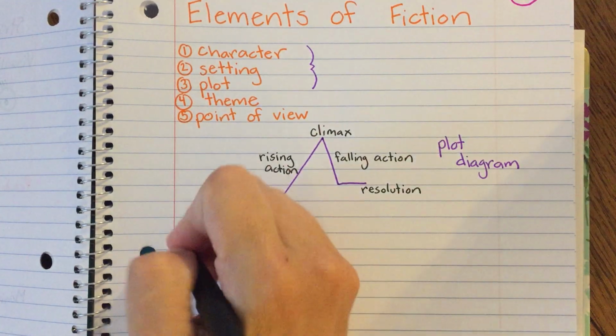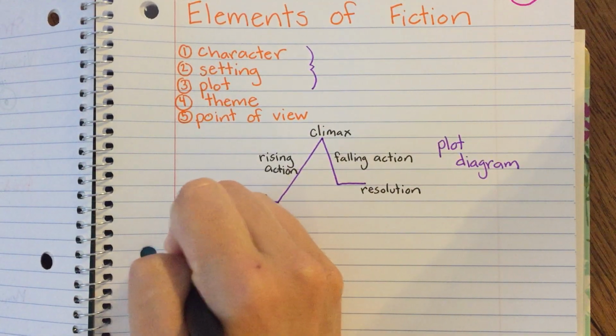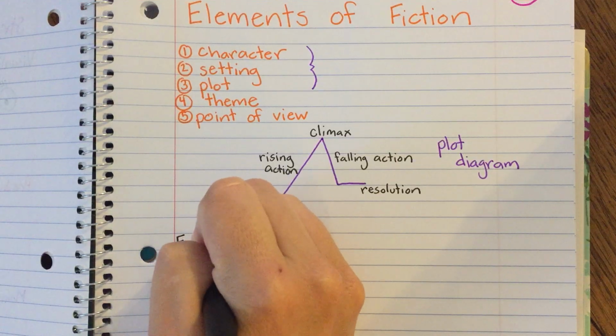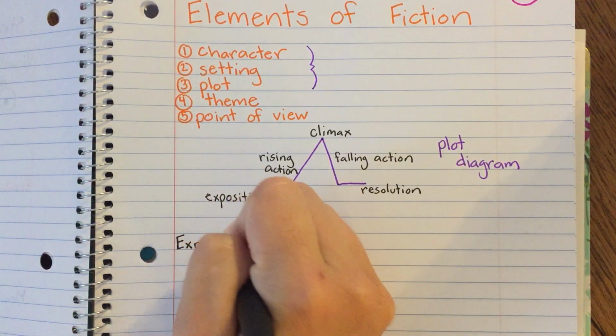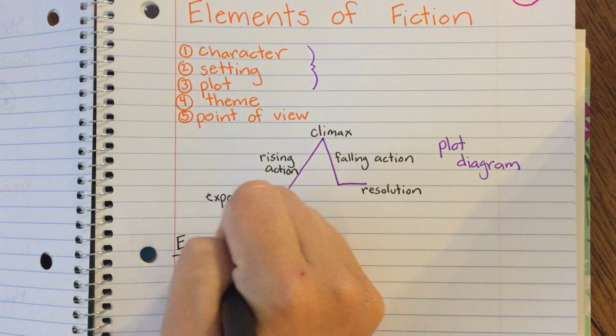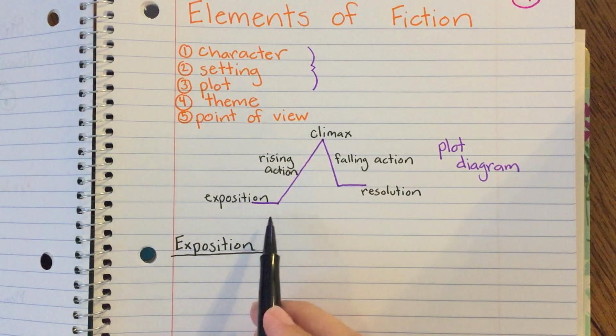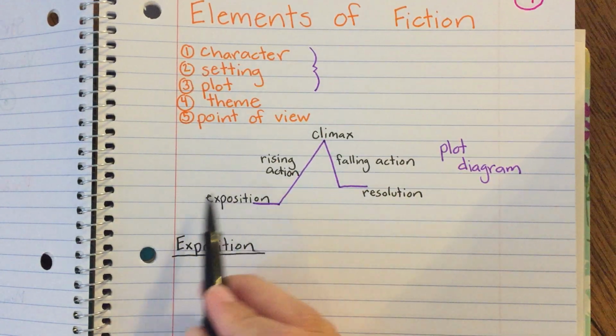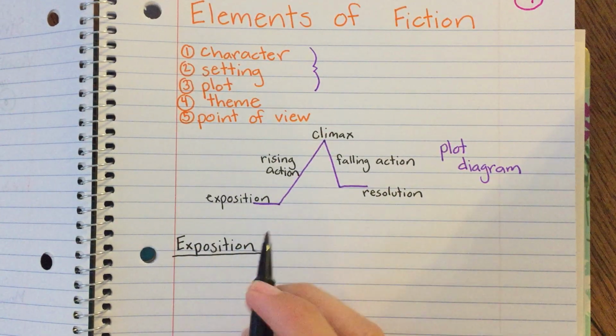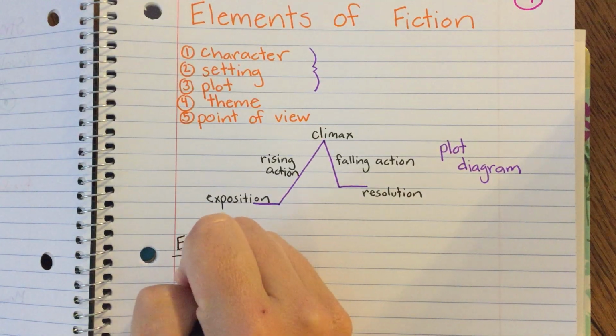So the first one we had was the exposition. So your exposition, think about this as the story. So this is like at the very beginning. We have our characters.